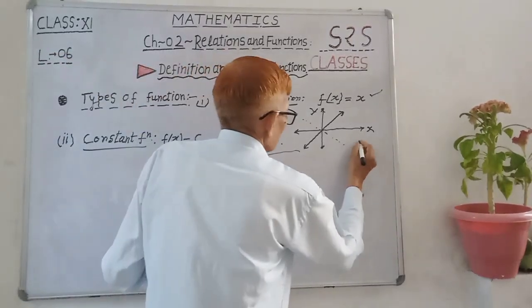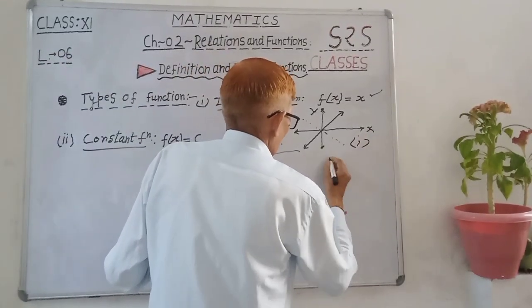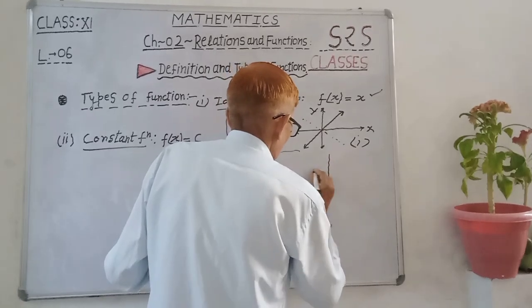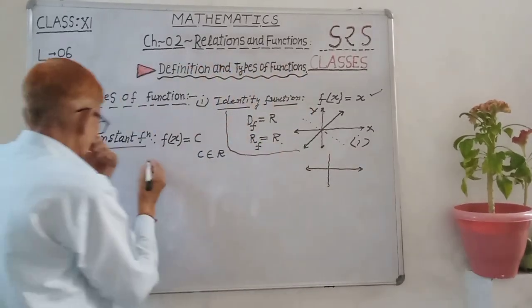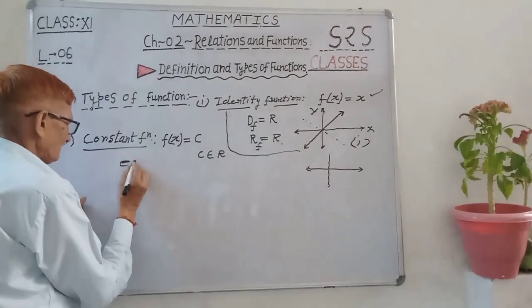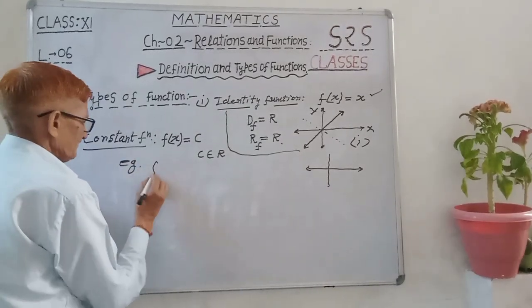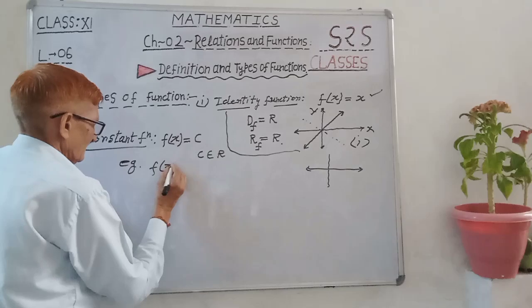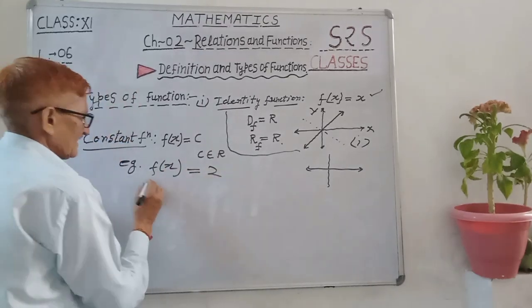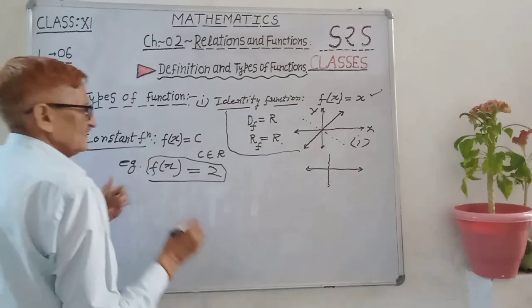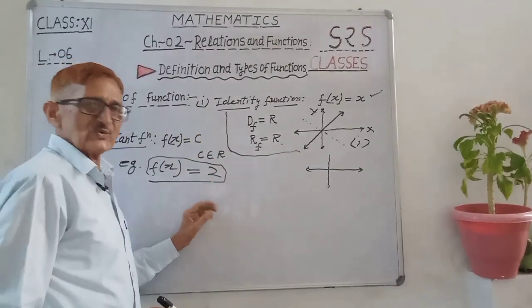Make the graph of the second. Let me take the example f(x) = 2. So the constant c value is 2.